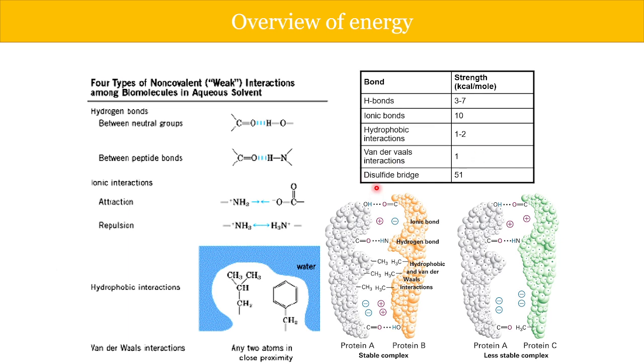Right? So these bondings or interactions are the ones that control the folding of a protein, control the stability of a protein, and maintain the structure of a protein, because structure determines the function.